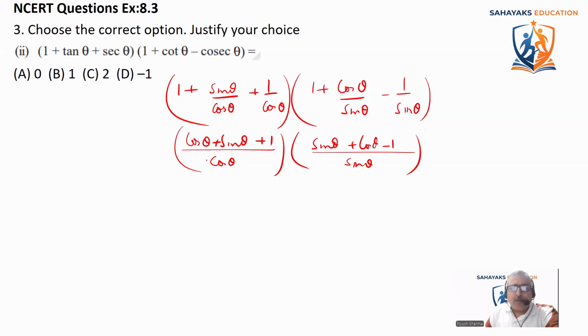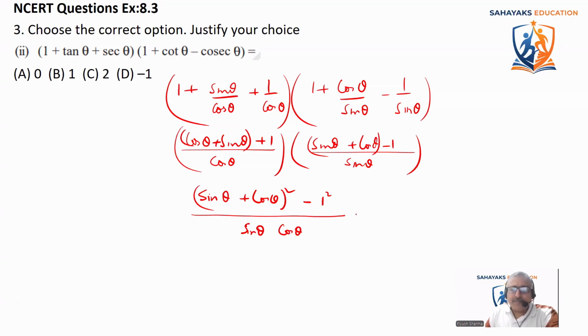Now, if I consider this as sine theta plus cos theta plus 1, and sine theta plus cos theta minus 1, it is of the form a plus b into a minus b, which comes out to be a square minus b square. That means it is (sine theta plus cos theta) square minus 1 square, and the denominator, when we multiply, becomes sine theta cos theta.